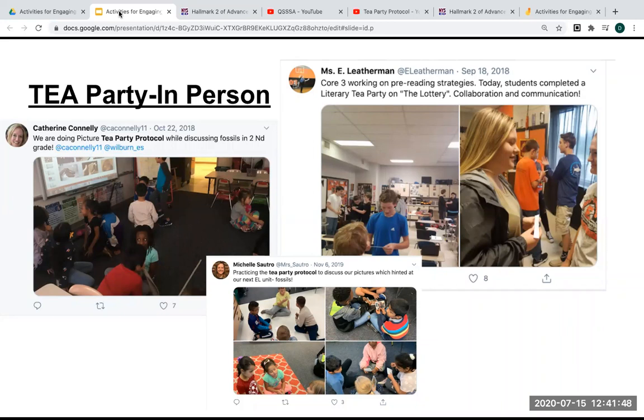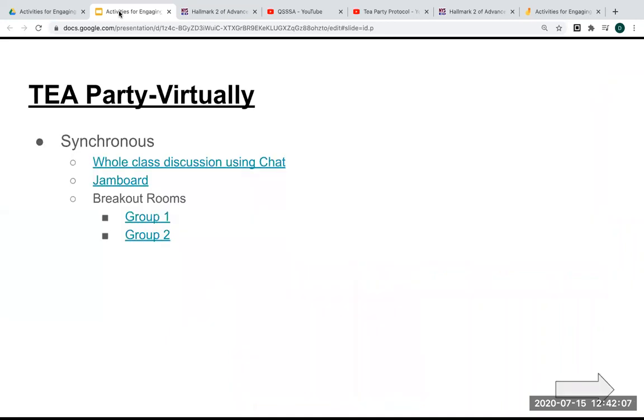And then in the other two photos, you see younger students looking at images of fossils, and they're talking to one another to come up with their prediction on what they're going to be talking about. And the next unit was fossils. So that's how the Tea Party would be conducted in an in-person session.